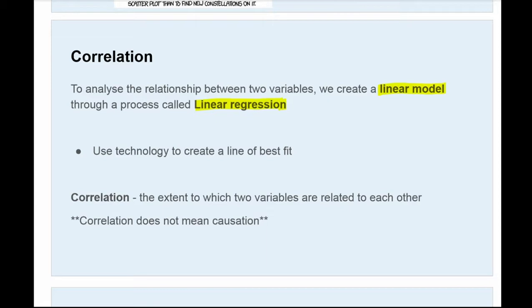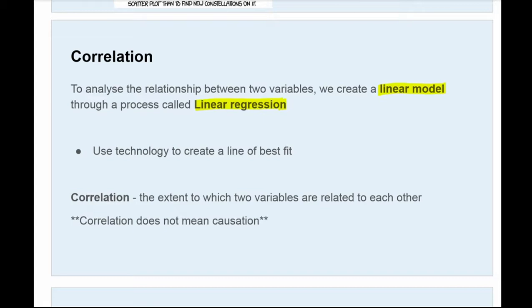Now, there are different models that you could make. You could try to see if your model represents a quadratic model or formula, or an exponential, or things like that. We're going to focus only on linear models or lines of best fit for our data in this course.